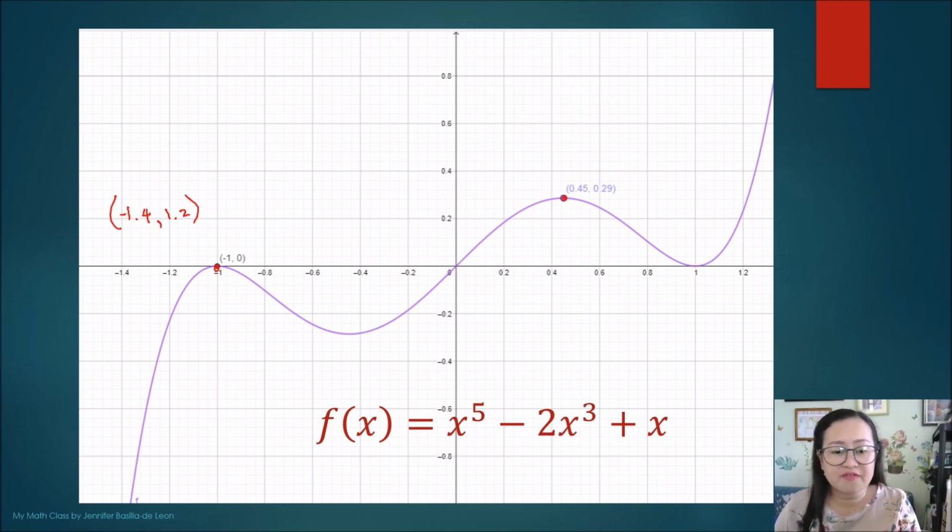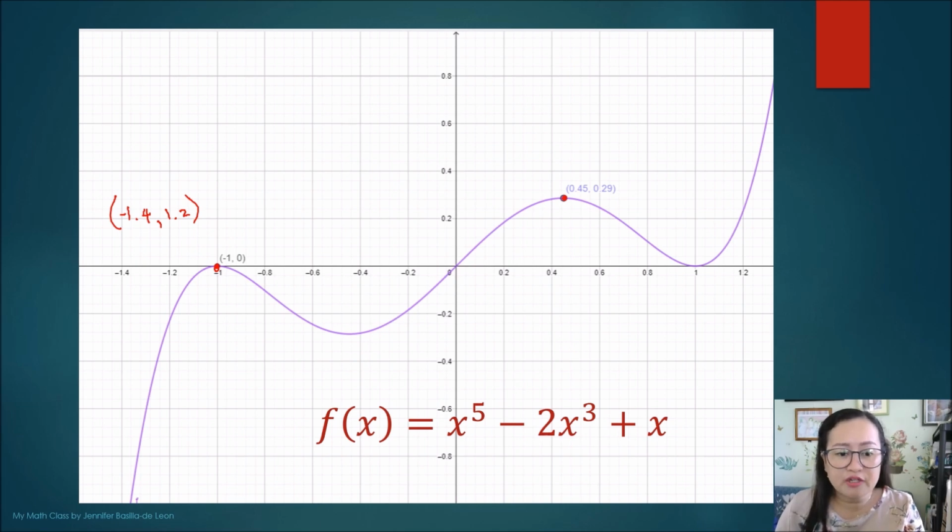This means that to be considered as the relative maximum point, that point may not be the highest point on the graph. As long as that point is higher than the points adjacent to it, then it is considered as the relative maximum point.